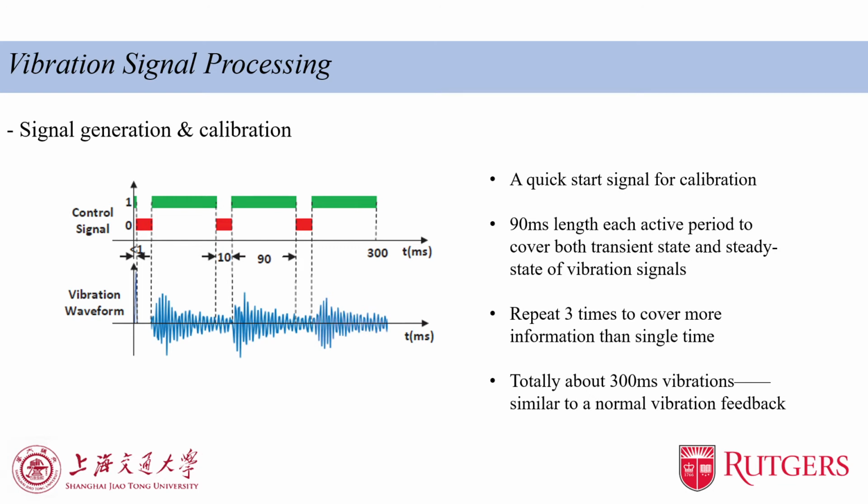We repeat the process 3 times. This is to ensure both the transient state and steady state of the vibration signals are covered, and the whole vibration process lasts for only about 300 milliseconds, which can serve as a normal touch feedback to users.